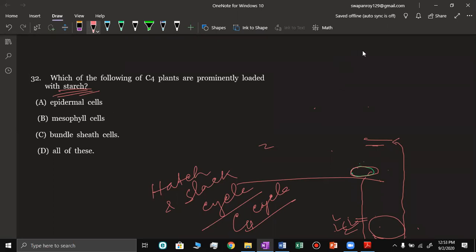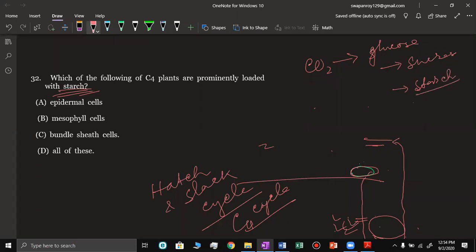See, starch is produced: carbon dioxide is first reduced to sugar, and ultimately it is changed into starch.